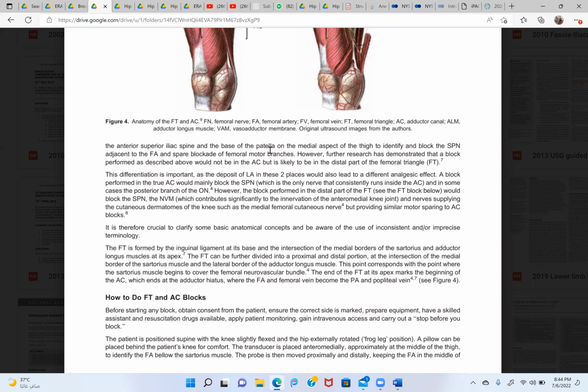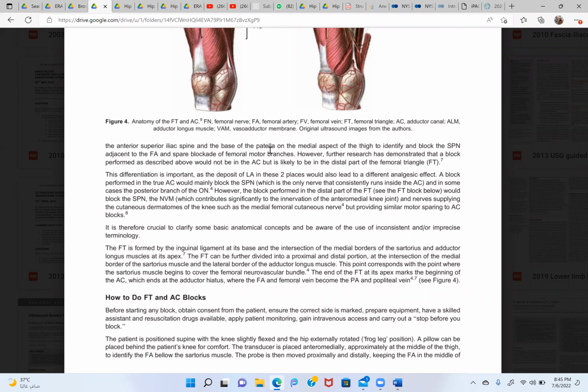But the easiest way you can learn is to take a normal saline bag, put some jelly, put the ultrasound probe, and try to manipulate the needle around it. You will learn how to place the needle under the ultrasound probe, and see how you manipulate the needle and how you get the vision.